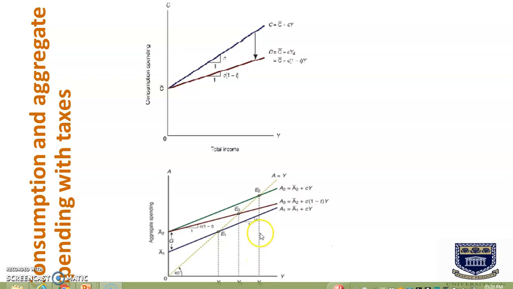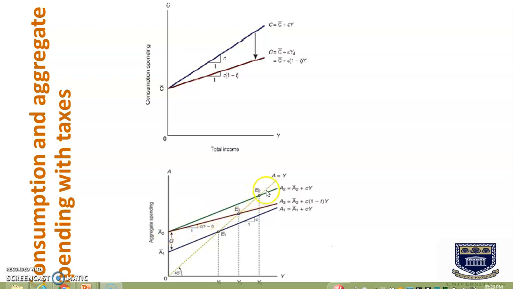So now we need to shift our attention to the aggregate spending function A3, which is equal to A2 bar plus C(1 minus T)Y. So what is different in this function? Well, if we draw a comparison between A2 and A3, we can see that the vertical intercept is still the same as A2 bar. So this is still given by C bar, I bar, and G bar, all the autonomous components.